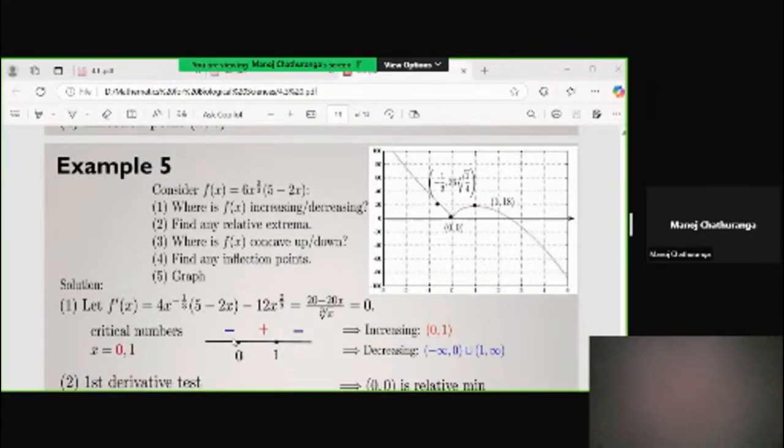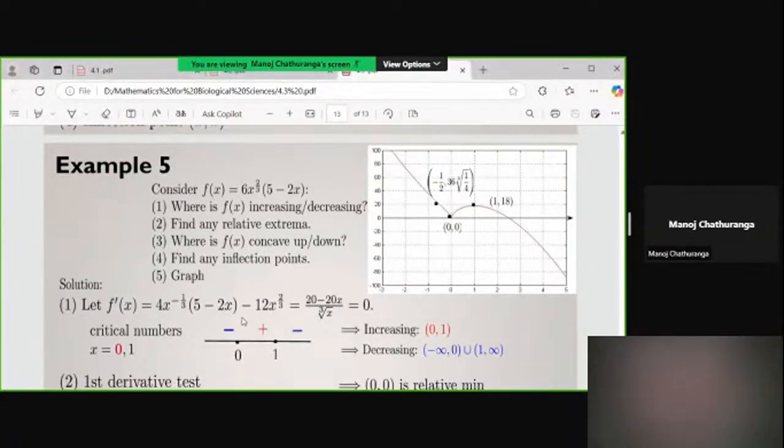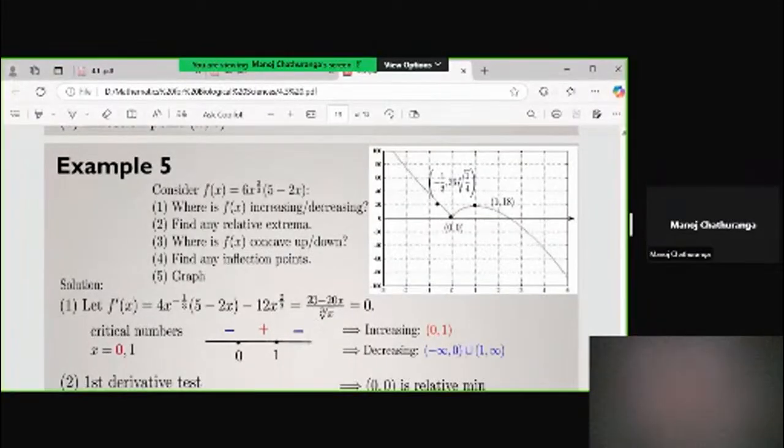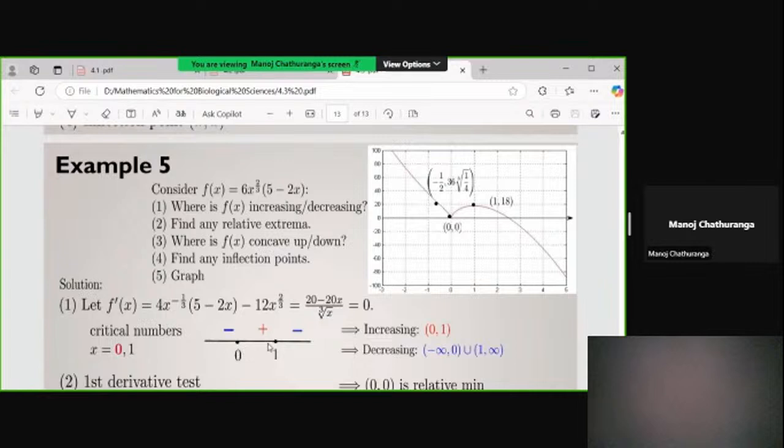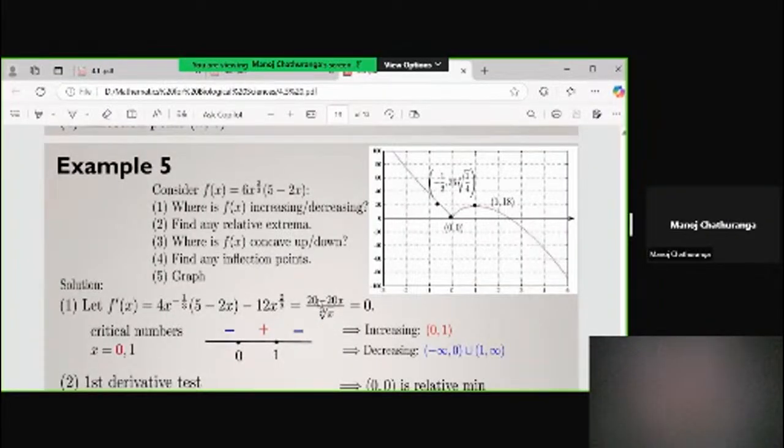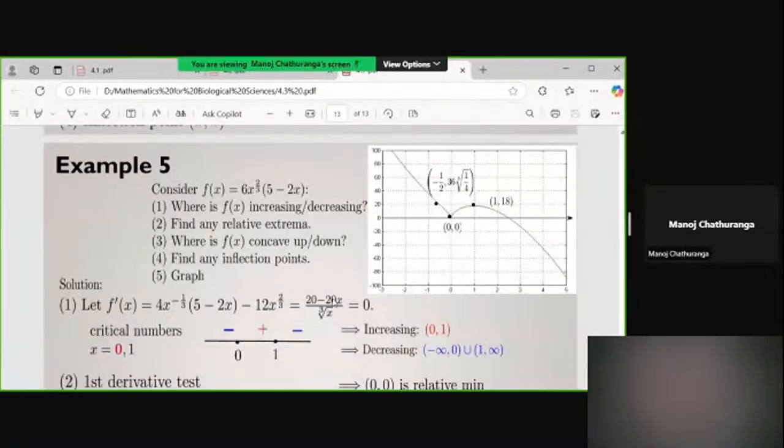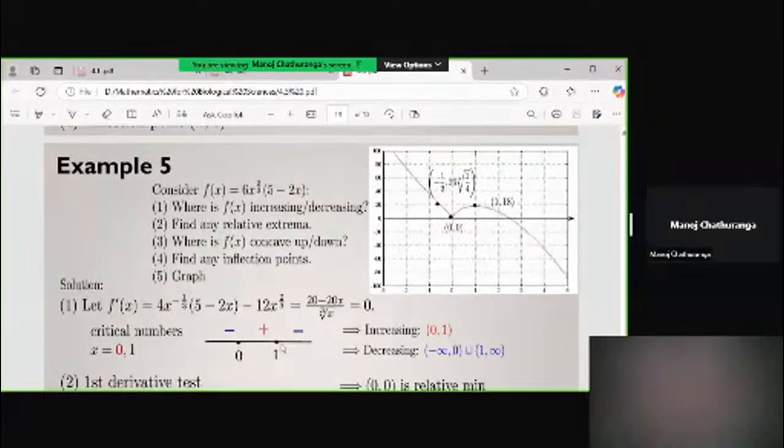Before 0, if you substitute a negative number into this formula, the derivative is negative. For a number between 0 and 1, the cubic root is positive and 1 minus something smaller than 1 is positive, so between 0 and 1 the derivative is positive.